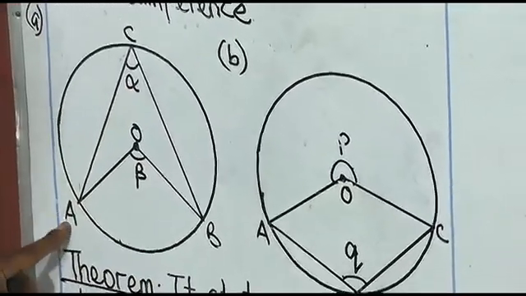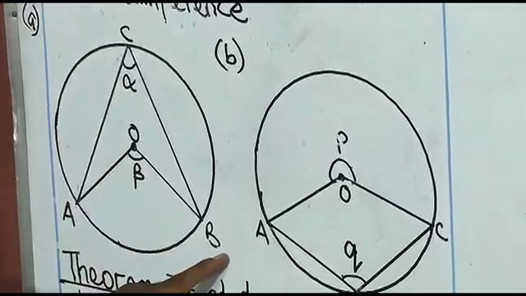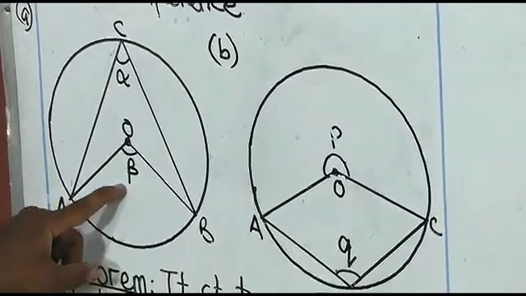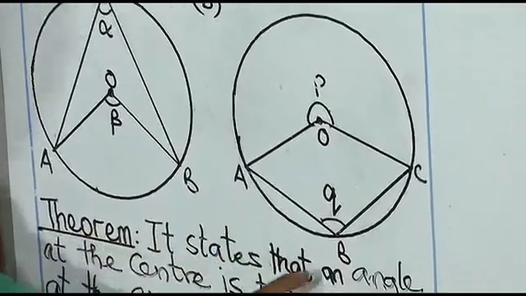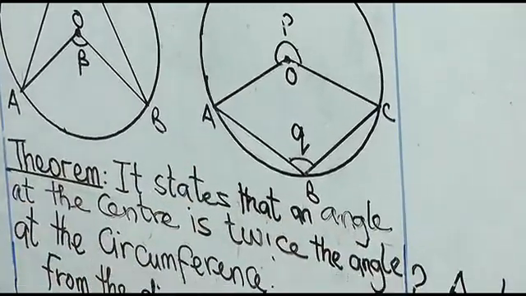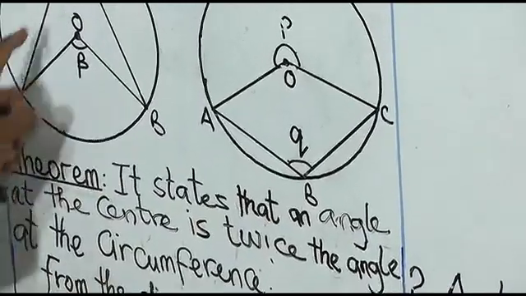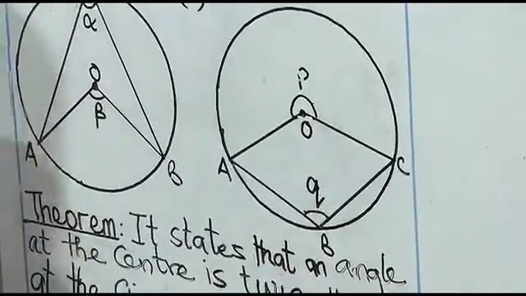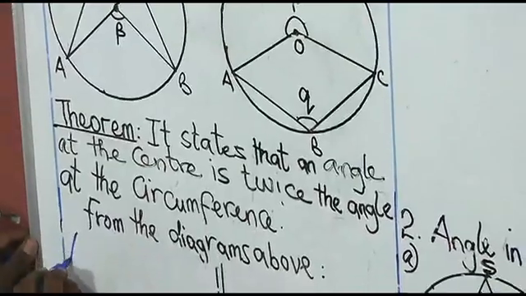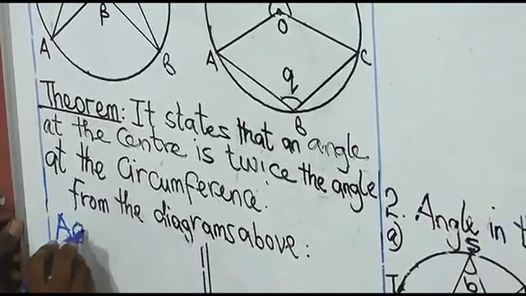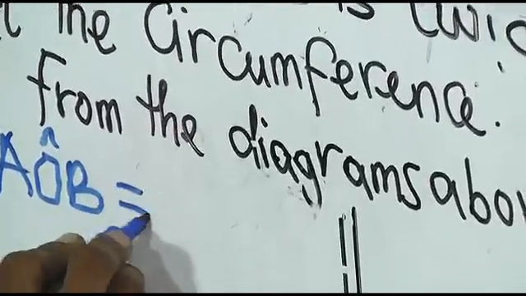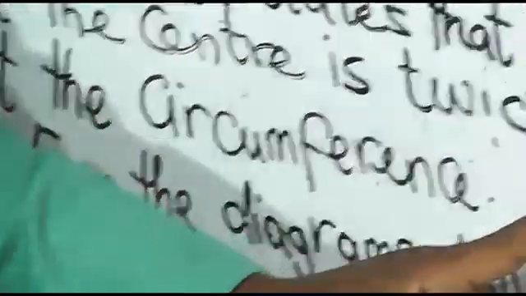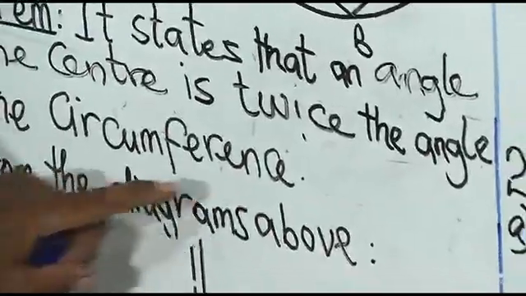And we have AOB as the angle at the center. Now, the theorem says that the angle at the center, that is angle AOB, is twice the angle at the circumference.